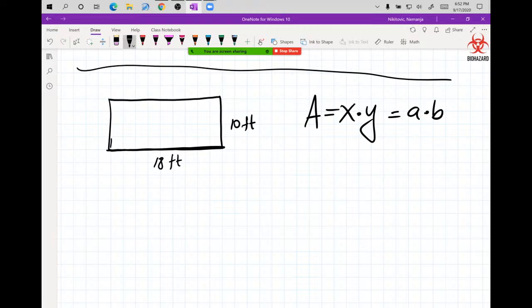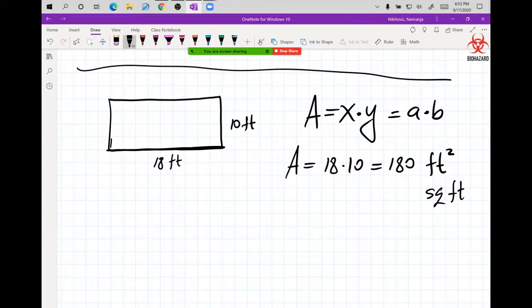I really don't care what letters you learned, it's just you multiply two dimensions, dimension x, which is 18, and dimension y, which is 10. So area is 18 times 10, which is 180 feet squared, or you know this as square feet.